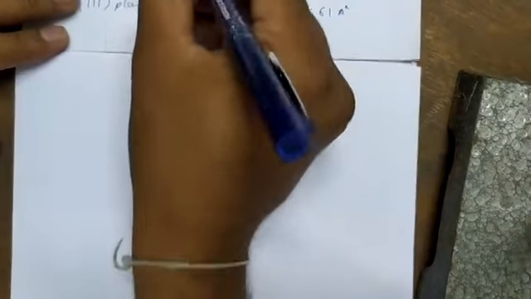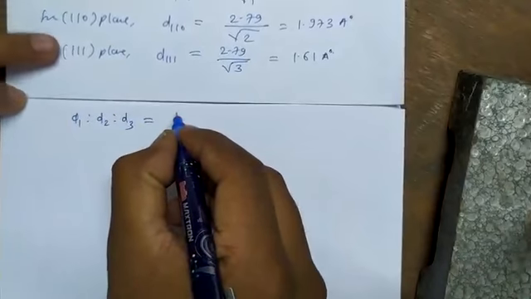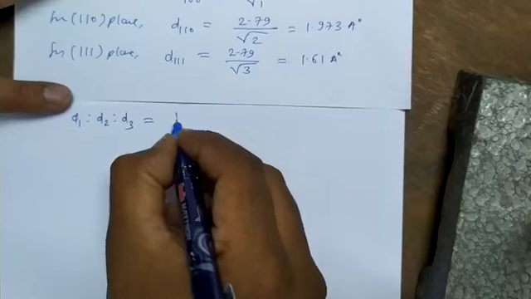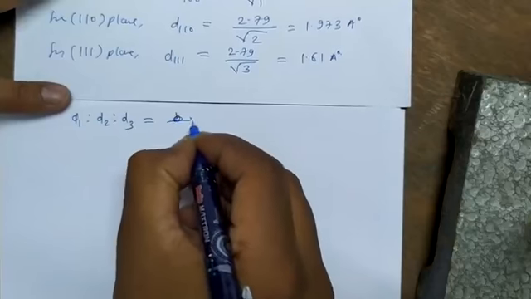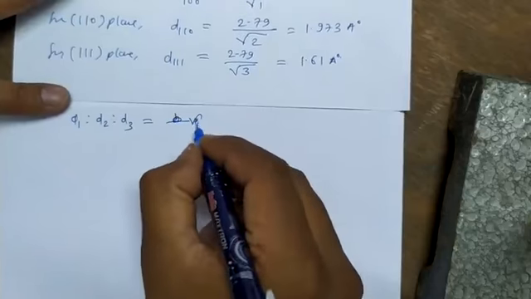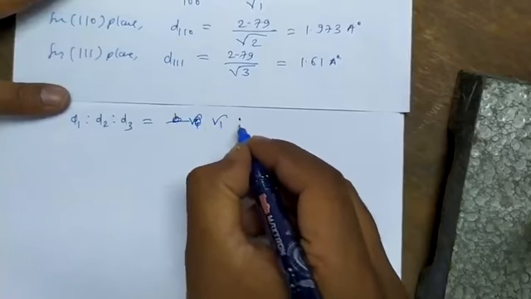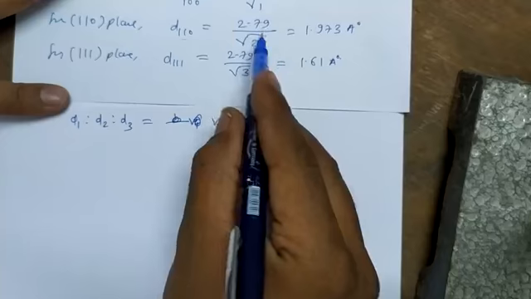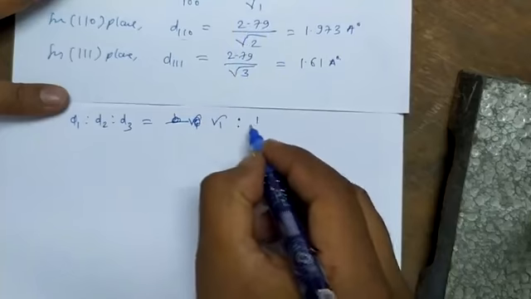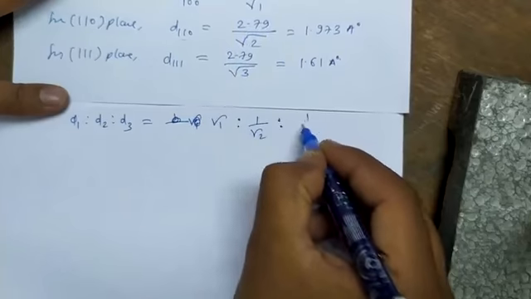Now if you take the ratio of these three planes, suppose d1, d2, d3, then we get d1 as to d2 as to d3 equal to 1 upon root 1, that is 1, as to 1 upon root 2, as to 1 upon root 3.